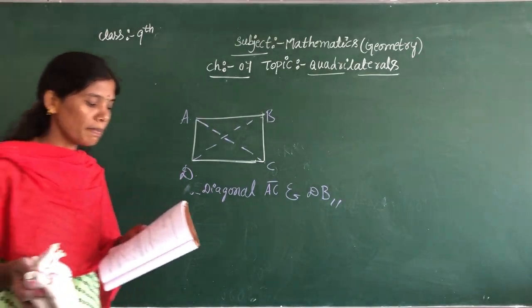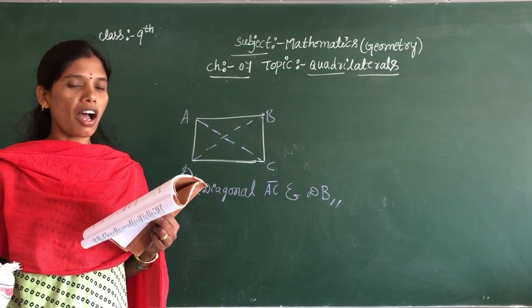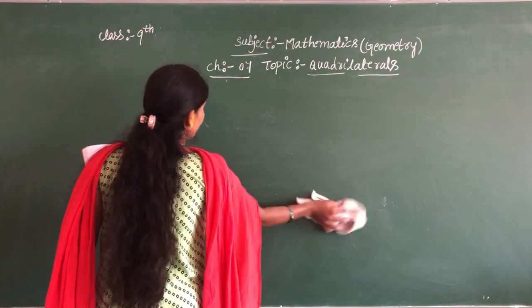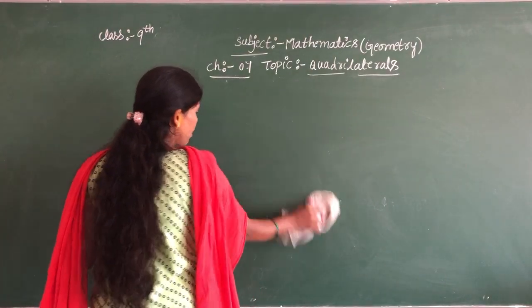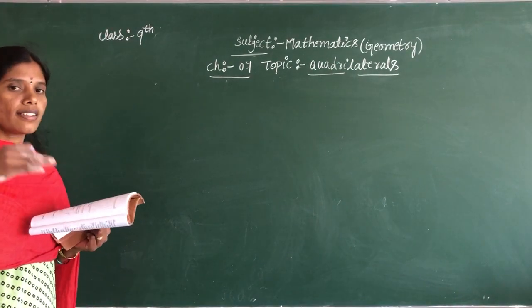Okay, let's move to the properties of a parallelogram. In properties of a parallelogram, you should take one parallelogram. In a parallelogram, the opposite sides are equal.